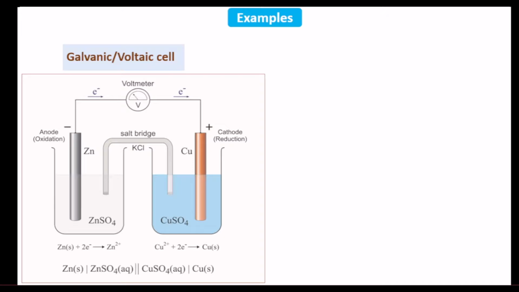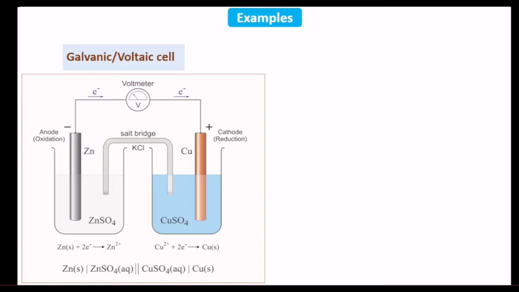So now we can take some examples of the galvanic voltaic cell to make things clear. We know that it is composed of two different containers.